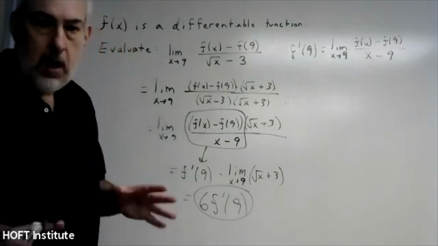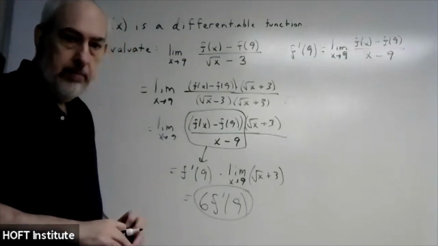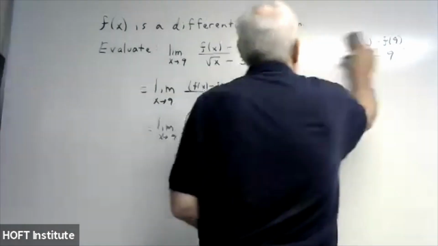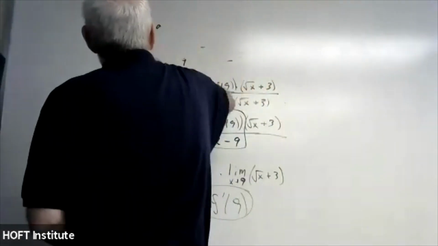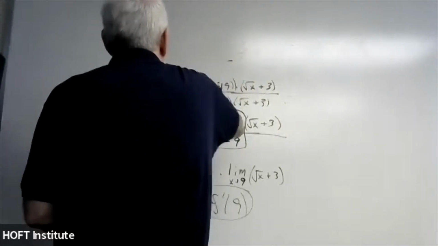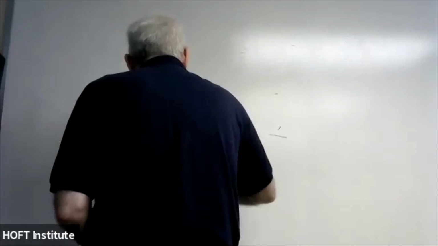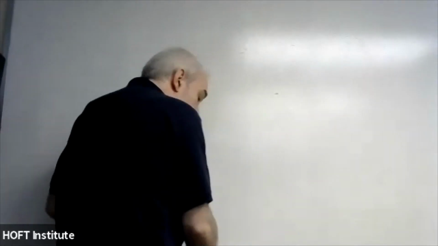Okay, one more problem, also related to the definition of the derivative. Let's say that someone comes up to you and says, I've got a new way to write the derivative. Let me show you.